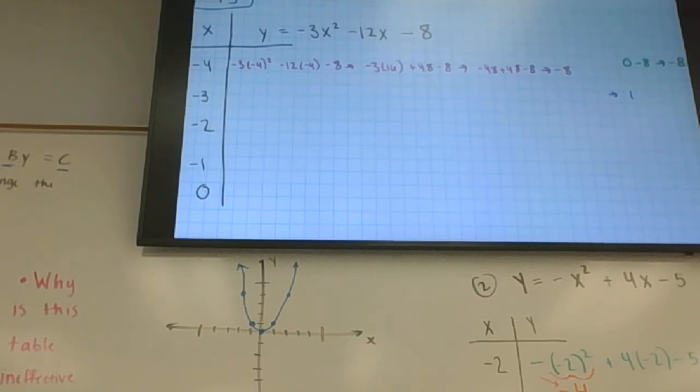And then the other two are -3. Alex, sorry, what'd you get for -3? A U shape. You don't go up. Did you do it? You can just do it right now with me.